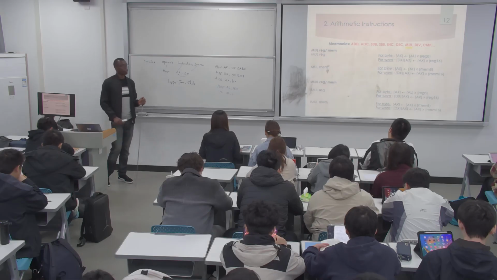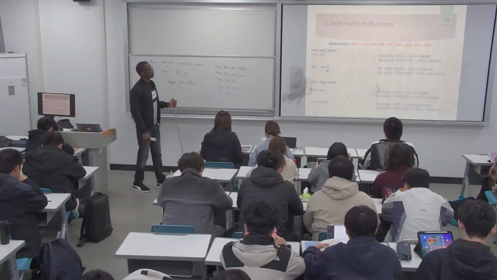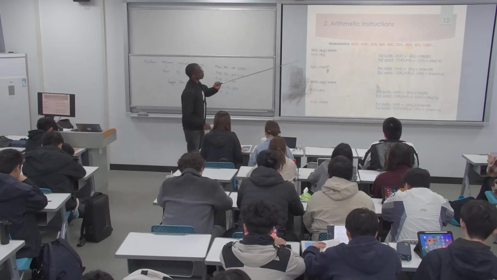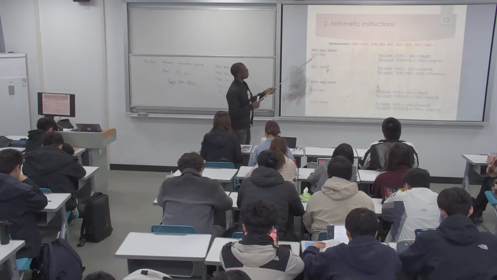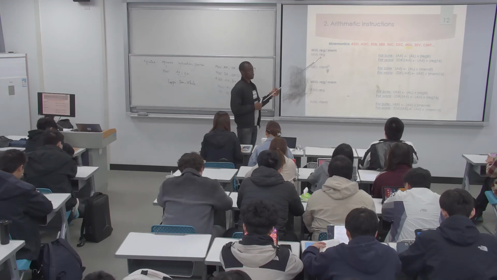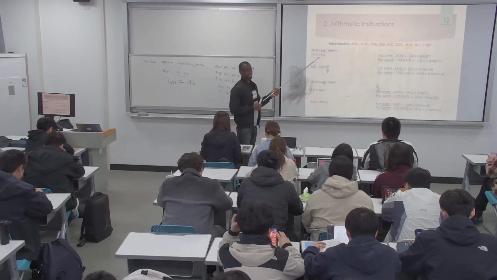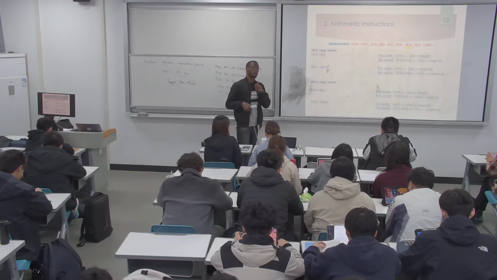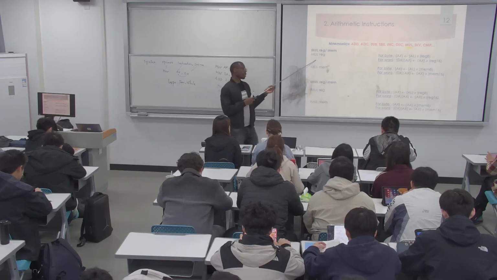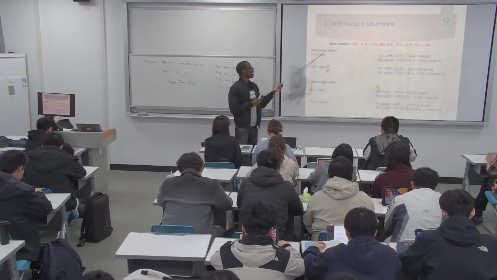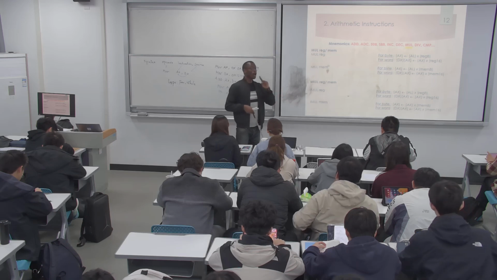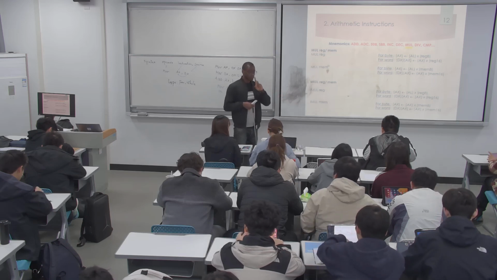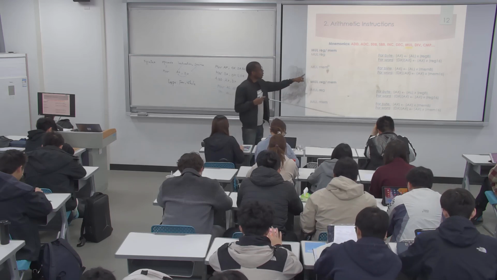Now we can have multiplication, an arithmetic operation. We can multiply the content of AX register or DX register. Now you see here we have a single operand. Why? Because to make our hardware simple, we have only one operand here.